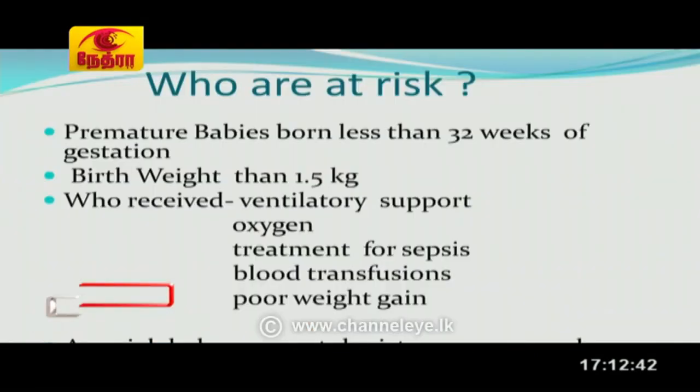It is a condition that usually occurs in children who are born prematurely, that means about 32 weeks of gestation. Usually babies are born at 40 weeks of gestation. Actually, this is a neovascular condition. The normal vasculature grows from the optic nerve head to the periphery of the retina.